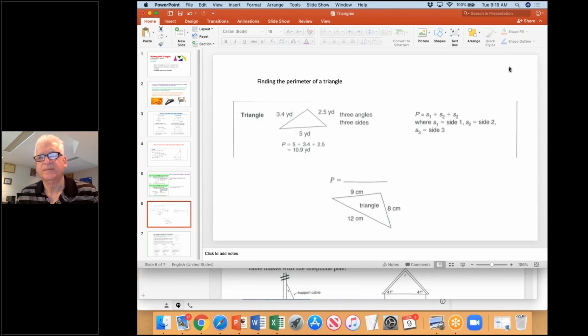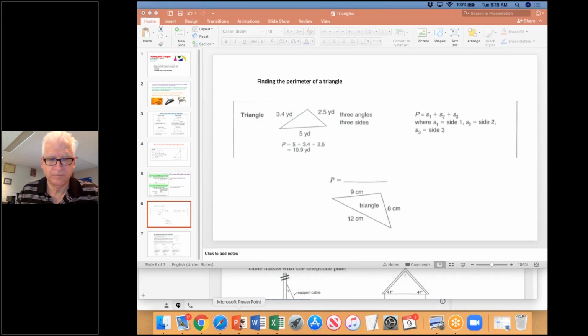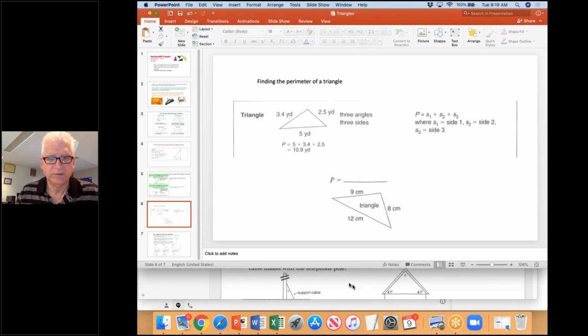Oops, I've got to get rid of this drawing tool somehow. Sorry about that. As I mentioned, this is my first time, and I'm struggling a little bit.